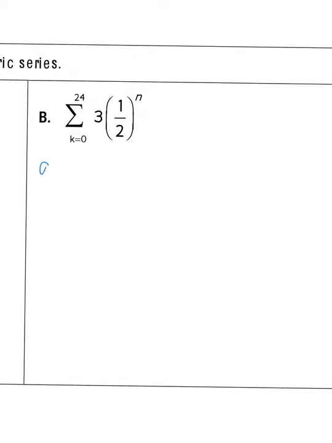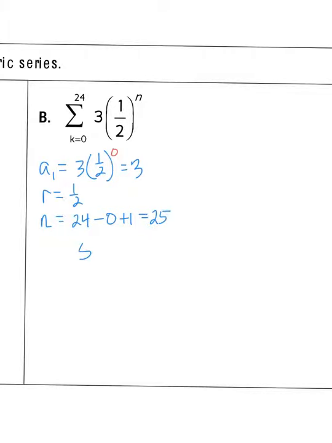So to get your a sub 1, you have to plug into the formula your lower bound, which is 0. So your a sub 1 does indeed turn out to be 3. And then you can always assume that that thing in front is your first term. And then your r is the 1/2. And then your n, as I said before, is 24 minus 0 plus 1, which is 25.